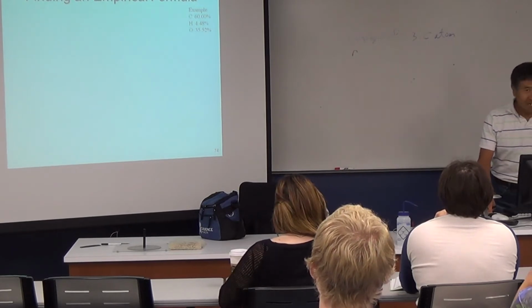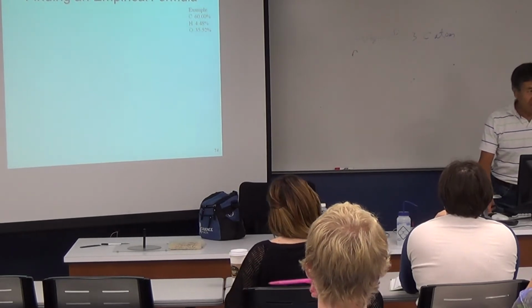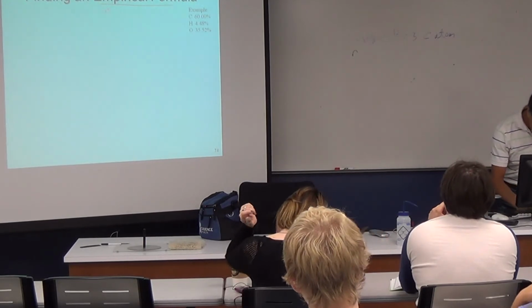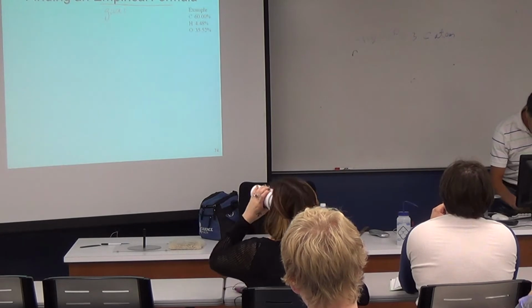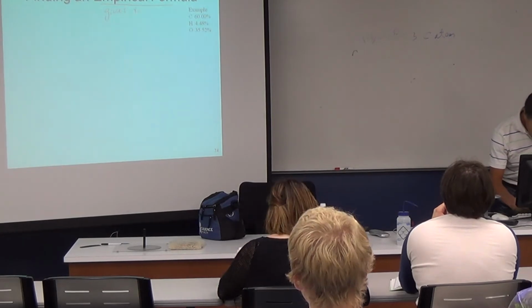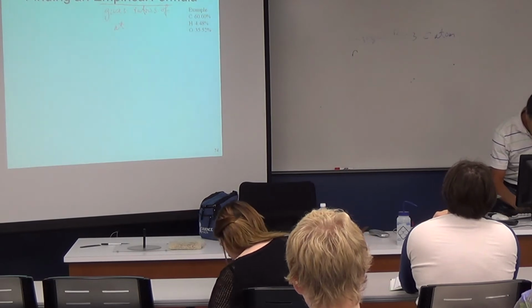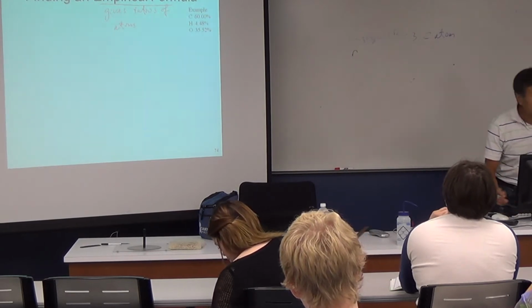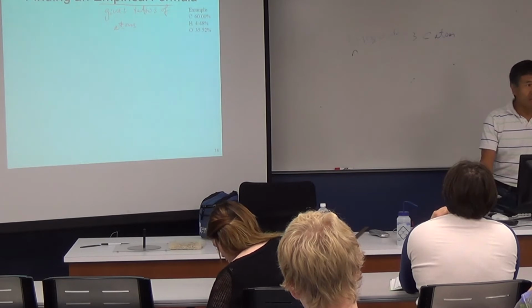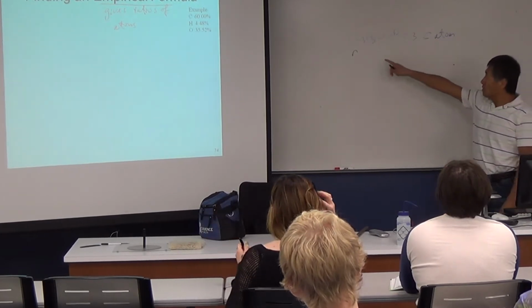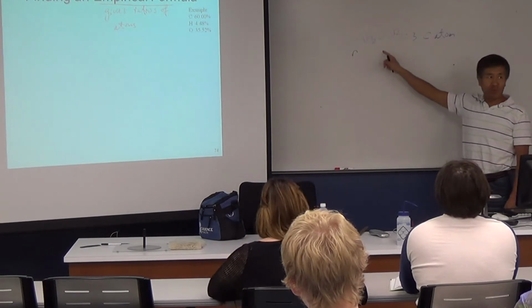Now let's begin by emphasizing that the empirical formula gives the ratios of atoms in the compound. And those ratios that we see here, you have the 3 to 8 to 1 ratio.